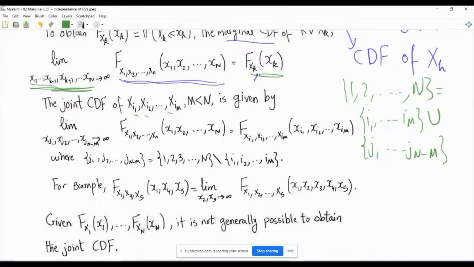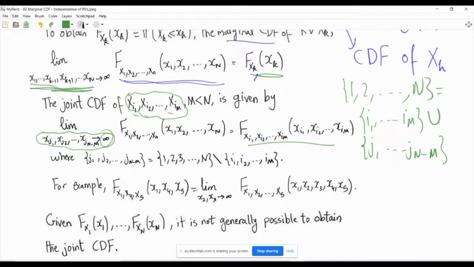Suppose you are interested in the CDF of the first group. The same idea applies: go to the remaining variables that you are not interested in right now, and take the limit as they go to plus infinity. If you do so, you are left with the joint CDF of the required variables, Xi1, Xi2, up to Xim.